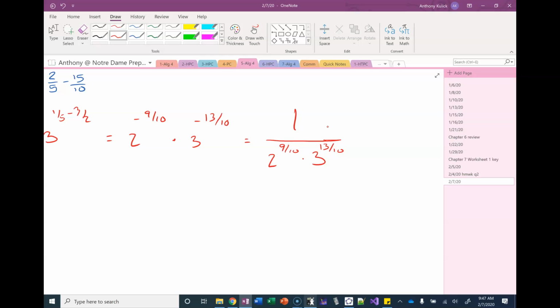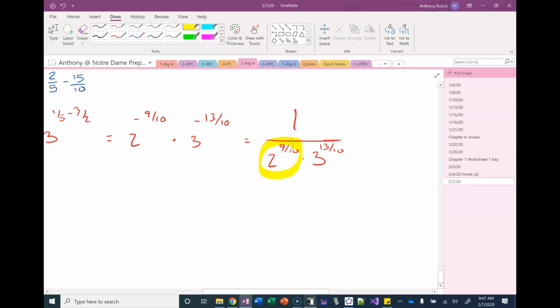All right. We're not done. The issue here is having these fractional exponents in our denominator is really the same as having a radical in our denominator. So we need to take care of that. So what I'm going to do, I'm going to focus on the 2's first.